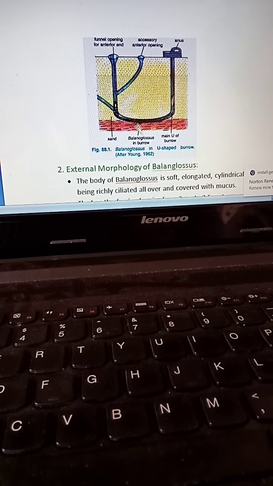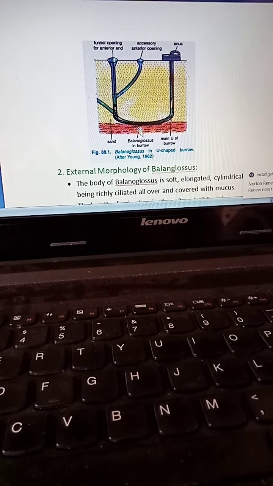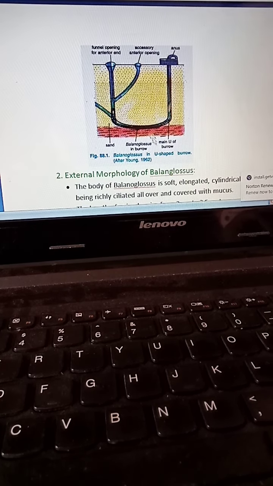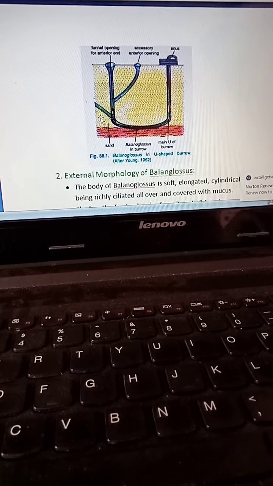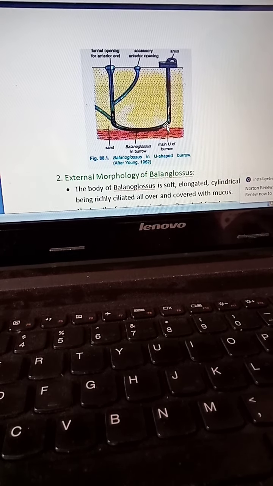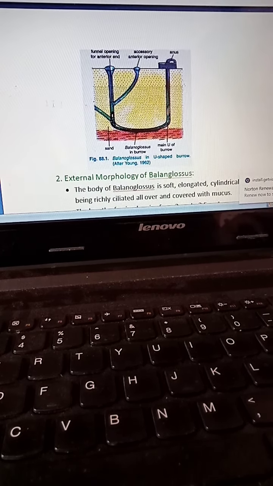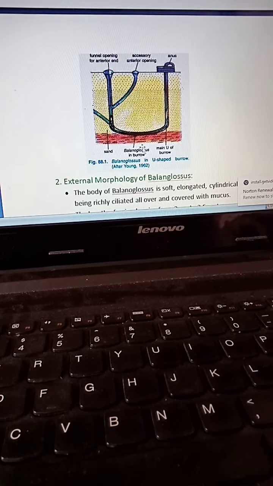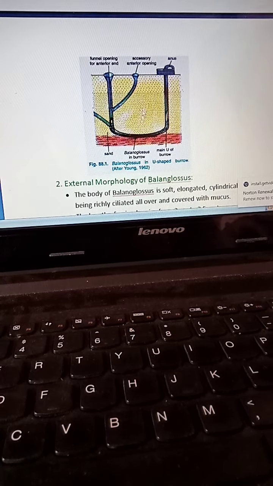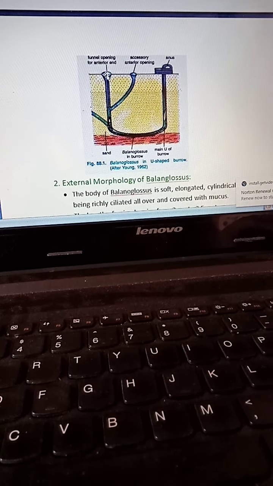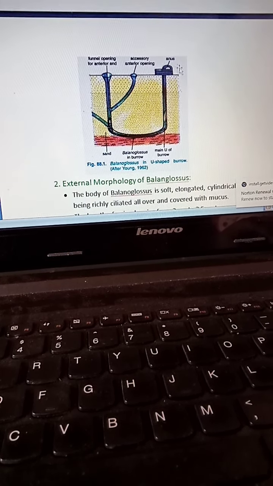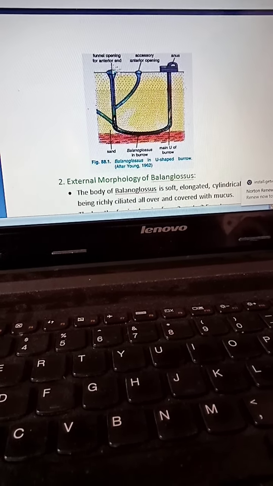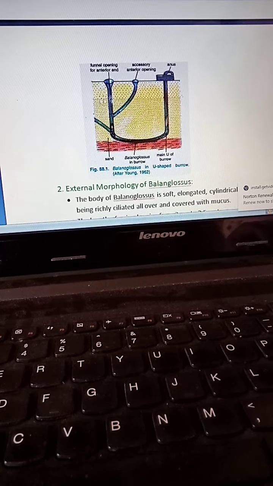This is Balanoglossus in the burrow, the main U of the burrow, and this yellow color is the sand. Like this, Balanoglossus hides under the sand in a U-shaped burrow. Anterior and posterior ends are straight.